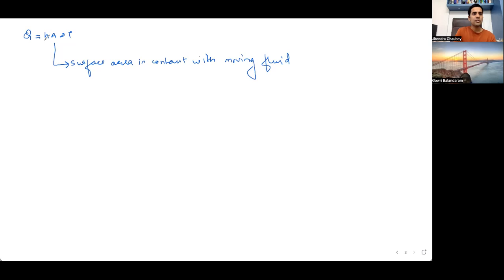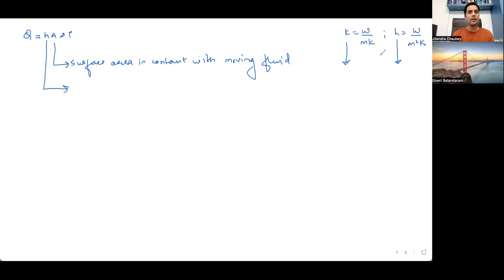Over here, this h is the coefficient of convection. One more thing: do you understand the units of k and h? h is the heat transfer coefficient for convection. k is the heat transfer coefficient for conduction, also called thermal conductivity. h is also called the coefficient of convection.